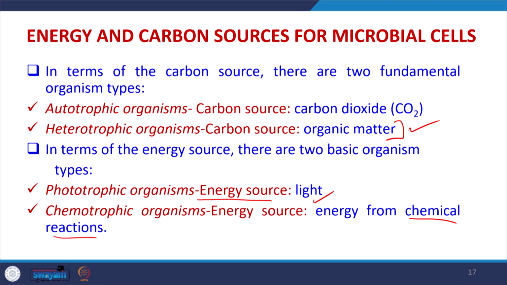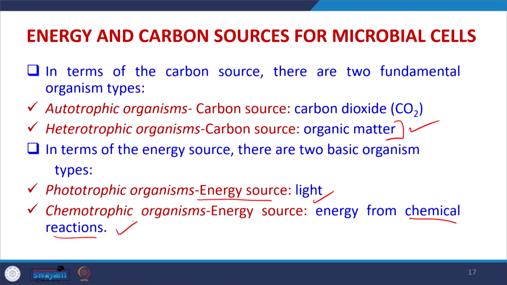In wastewater treatment, depending upon the treatment strategy, generally the chemotrophic organisms will be favorable, because they use chemicals and convert them to get energy via chemical reactions, using all those organic matters which are a substrate for these microorganisms.